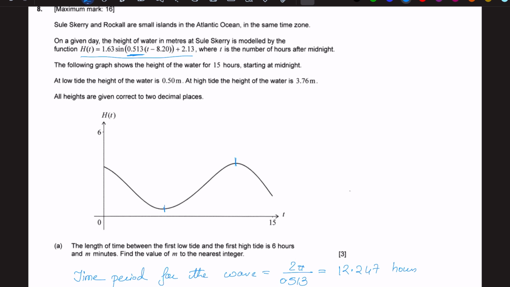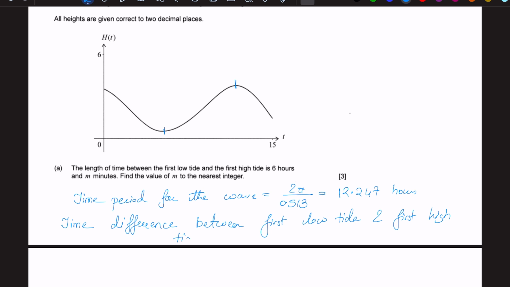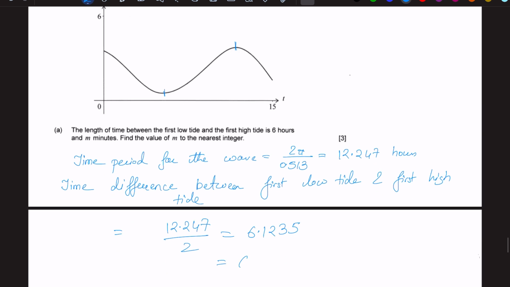The time difference between the first low tide and the first high tide will be equal to 12.247 divided by 2. 12.247 divided by 2 gives you 6.1235, which is 6 hours and 0.1235 times 60 minutes.